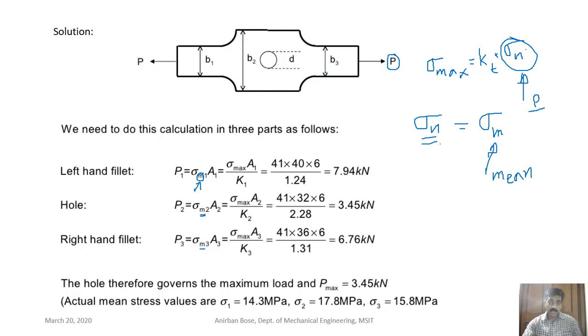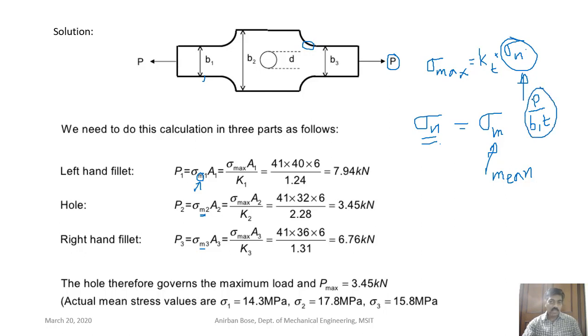That cross-sectional area depends upon which stress raiser you are using. So that will be P divided by, if you consider this one, then you have to consider B1 into T. So sigma N will be P by B1 into T. Okay.